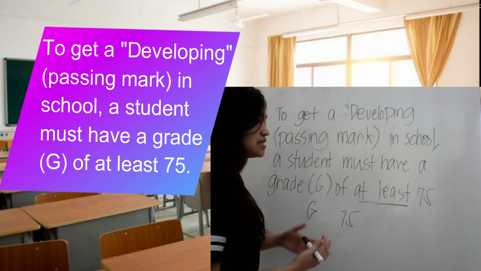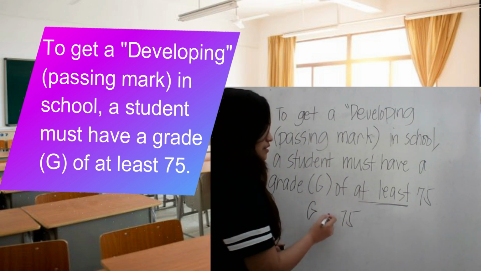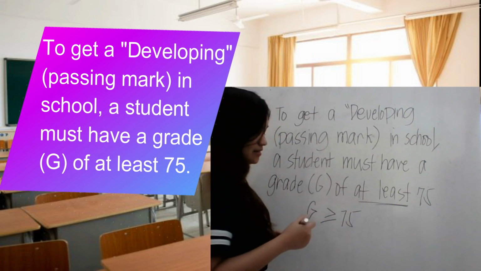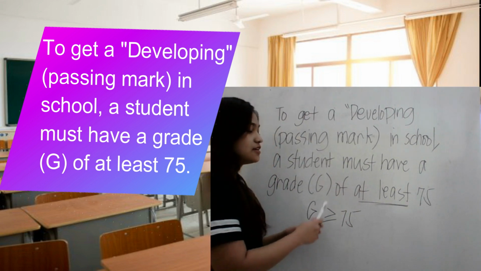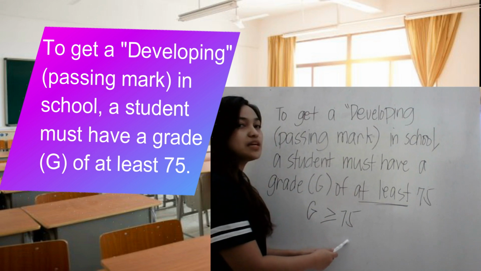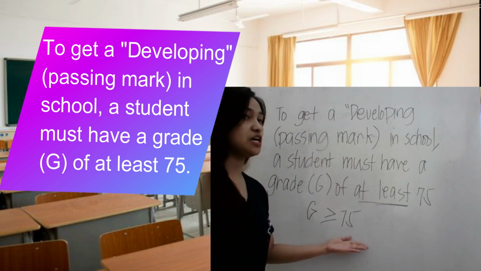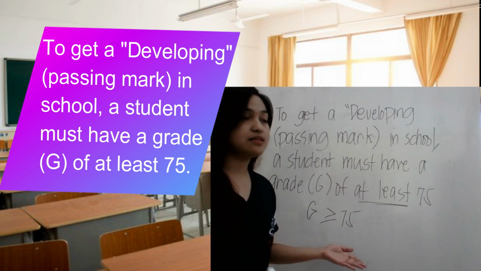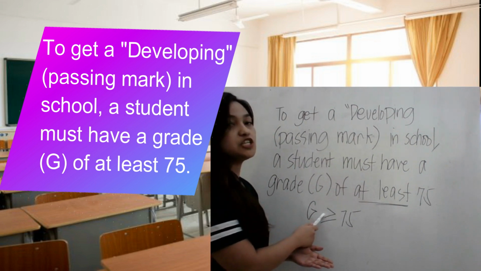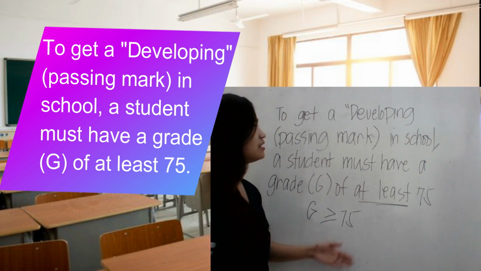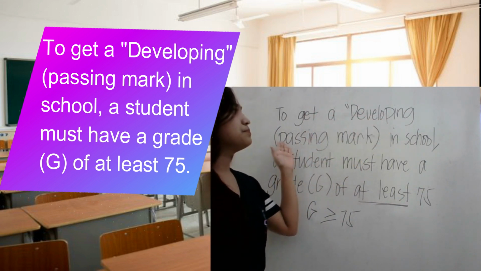That means, ang ating inequality ilalagay dito ay greater than or equal. Because the grade is greater than or equal to 75. Pwede ngang makuha ng bata ay 75 kasi sabi nga natin equal siya kay 75. Pwede rin naman 76, 78, 79 kasi sabi natin siya ay greater than. Para masabi, the student has a developing passing mark.